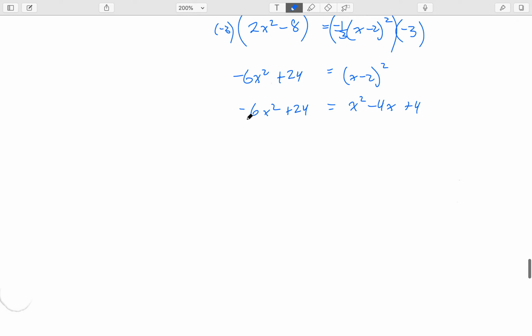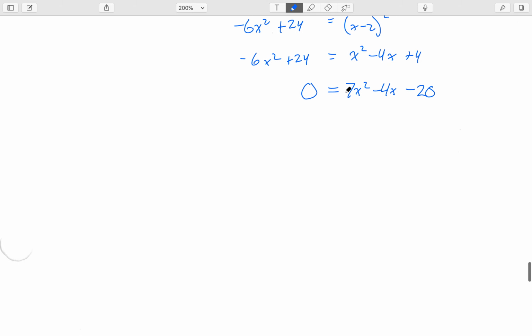I'm getting closer. Let's put them both together. So plus 6x squared to both sides. This becomes 7x squared minus 4x minus 20. Okay, so this is getting smaller and smaller. Hang on, can I actually factor this thing?